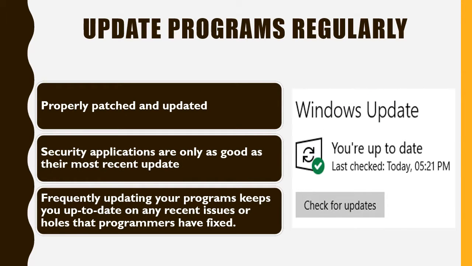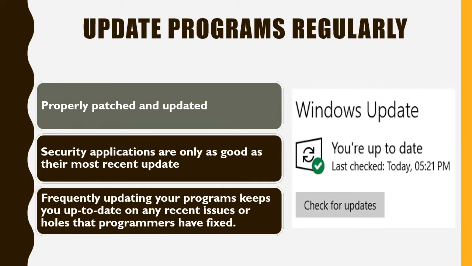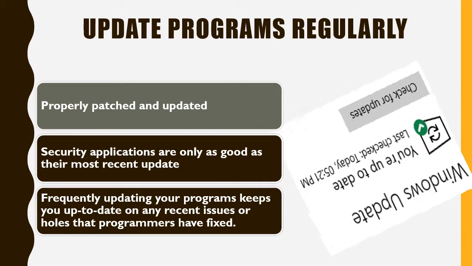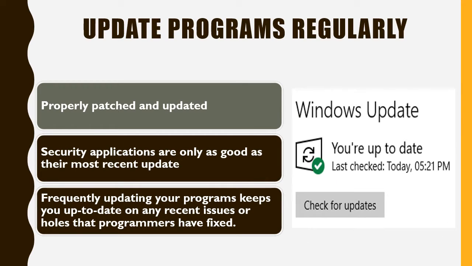Fourth, update your programs regularly. Making sure your computer is properly patched and updated is a necessary step towards being fully protected. There's little point in installing all this great software if you are not going to maintain it right. You should check your computer to see if Windows is up to date or not.